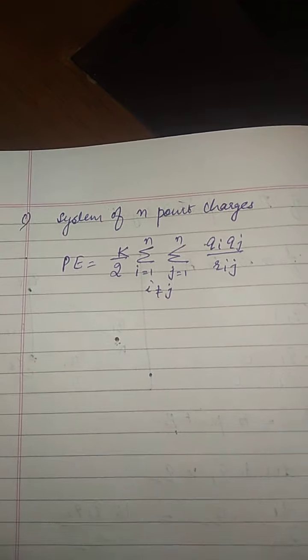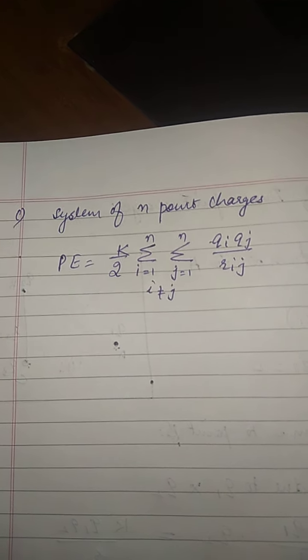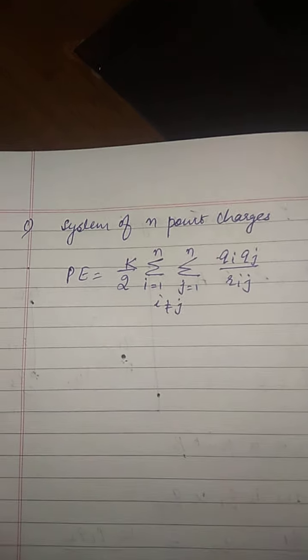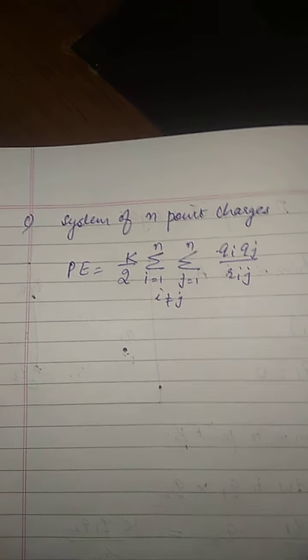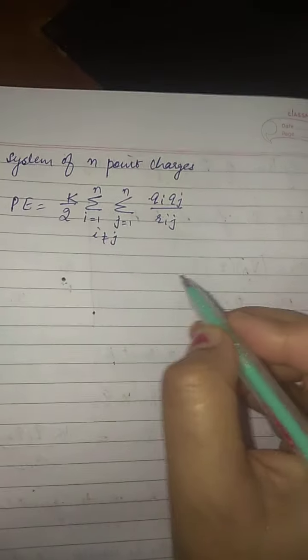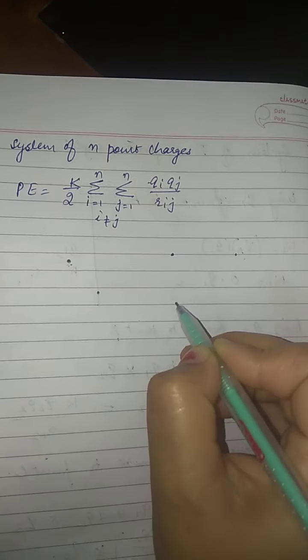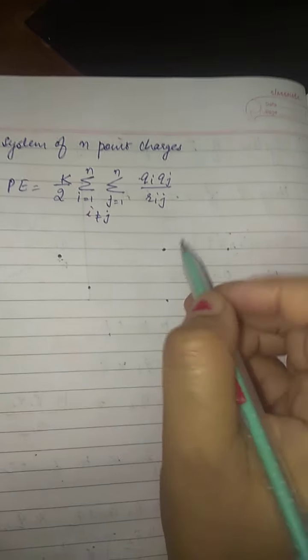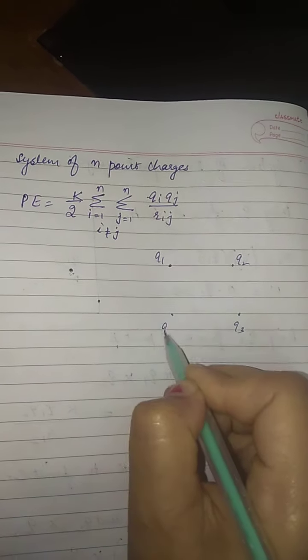So if 4 point charges may be given, 5 point charges may be given, what you have to do, you have to take 2 charges at any time and all combinations you are supposed to consider to find out the potential energy. For example, if I am having 4 point charges, one case I am going to consider here. Let us consider these are Q1, Q2, Q3, Q4.